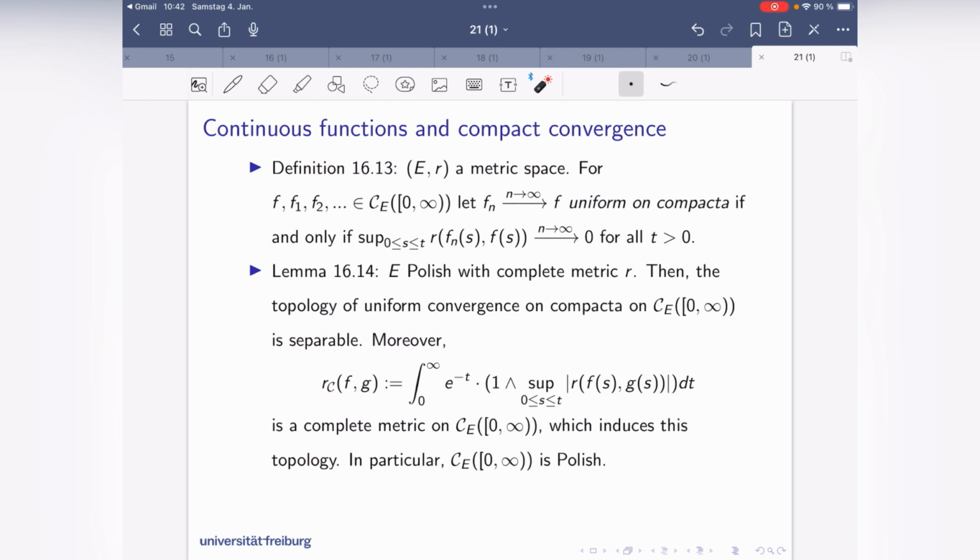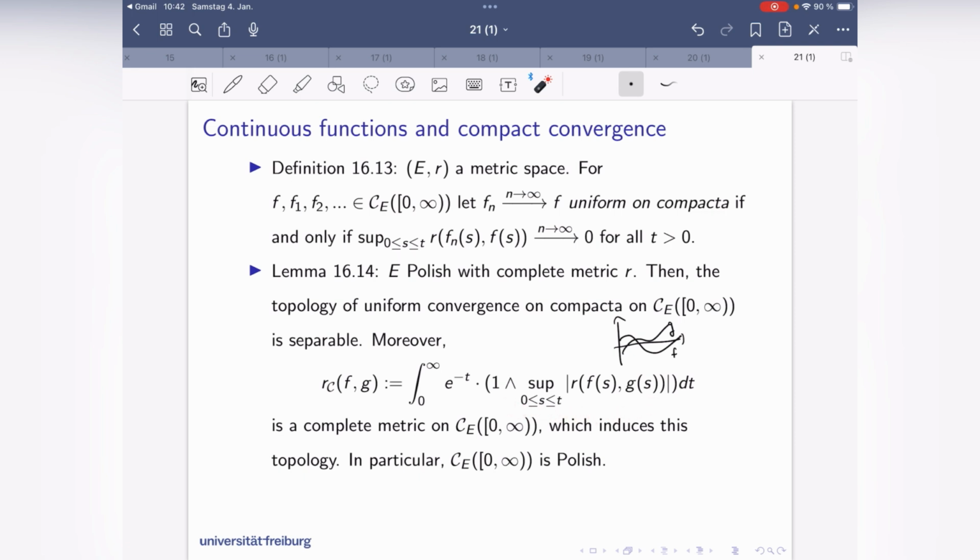And, well, I just tell you what the metric is. So f and g are two continuous functions. And the question is, what's their distance? You take their maximum distance up to time t, well, let's take a maximum with 1.